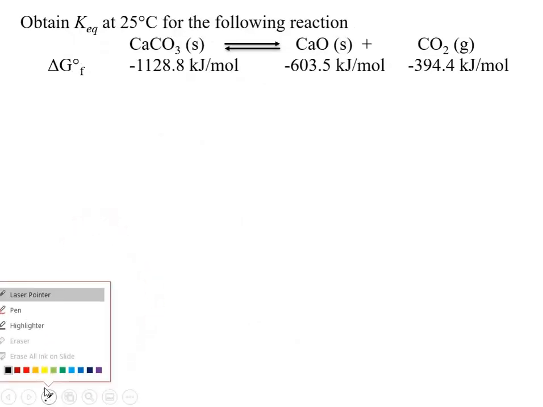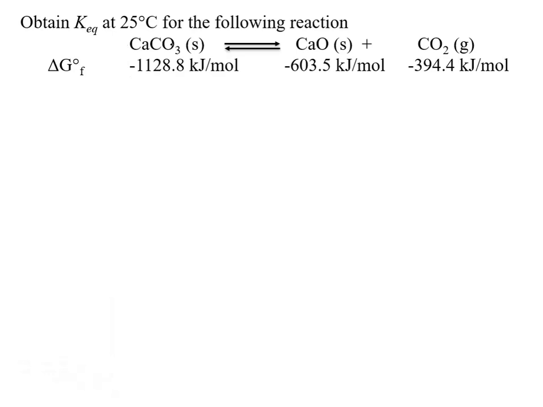So, some problems here. I've given you the balanced equation, the equilibrium, and then I've given you the Gibbs free energy. So the first thing we have to do is calculate what the standard Gibbs energy is. For this equation, delta G naught is going to be the delta G of formation for CaO plus the delta G of formation for carbon dioxide minus the delta G of formation for calcium carbonate.